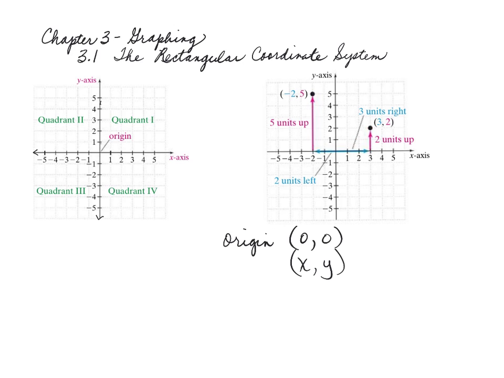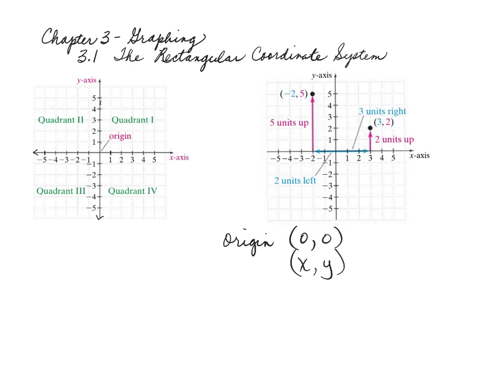The other point that's shown here, over here on the left side, in order to get there from the origin, everything is referenced from the origin, we have to move 2 places to the left on the x-axis, so that's in the negative direction, and then move up 5 spaces, which is a positive 5.